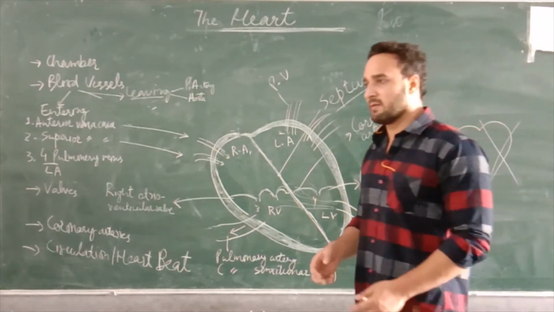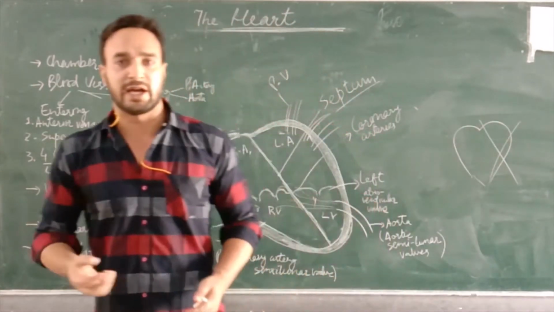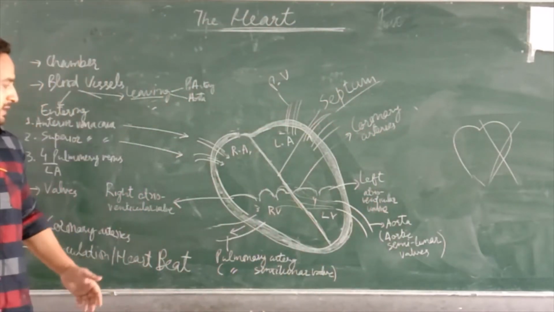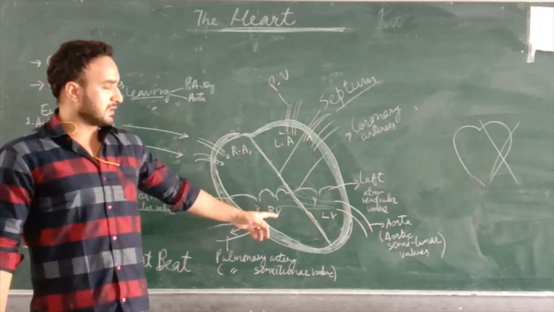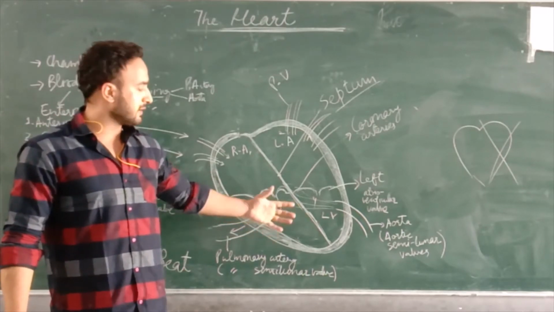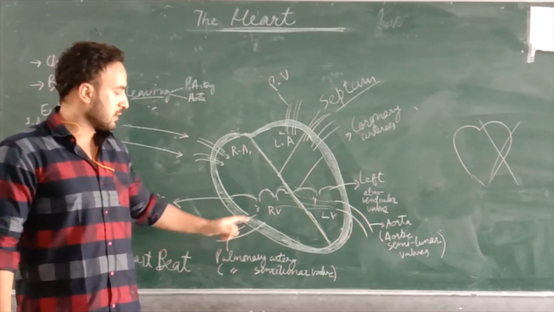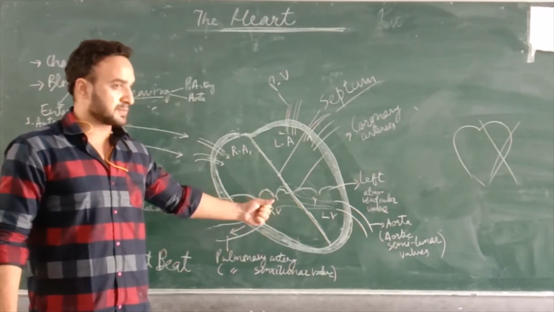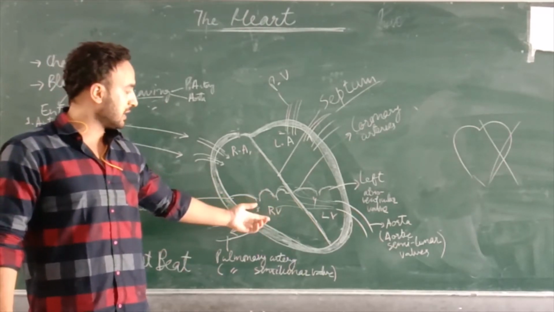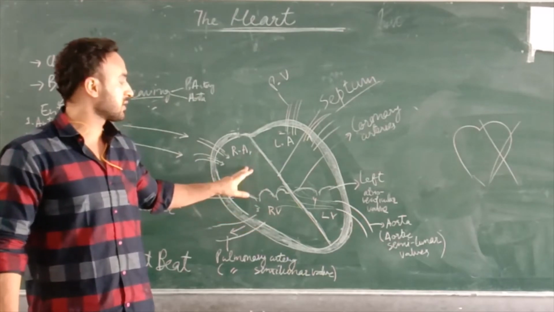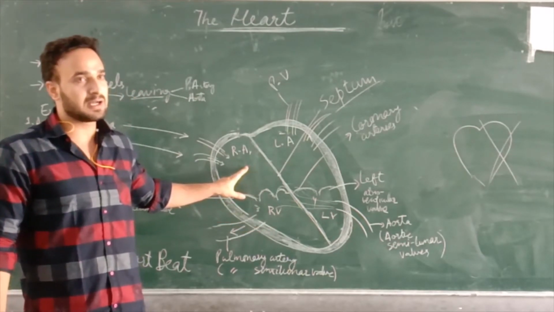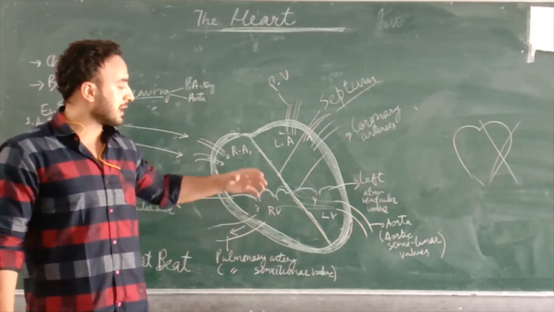What is the job of these valves? These valves are pocket-like. Pocket-like means when the blood fills the right ventricle, and when the right ventricle pumps blood through the pulmonary artery to the lungs, there is a chance that this blood would flow back to the right auricle. But it does not happen. Why? Because these are pocket-like.